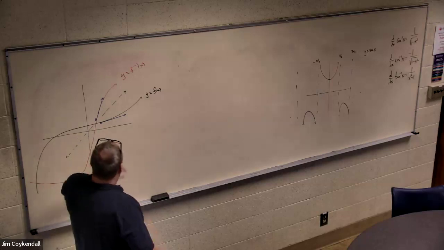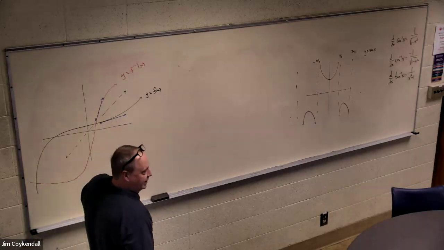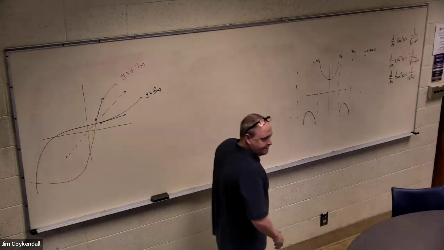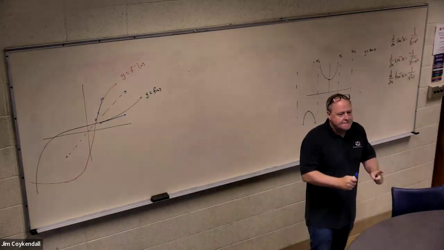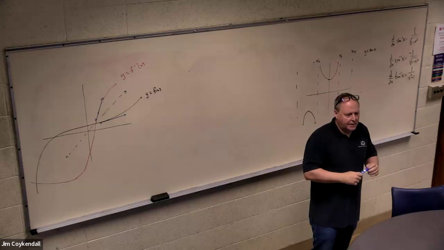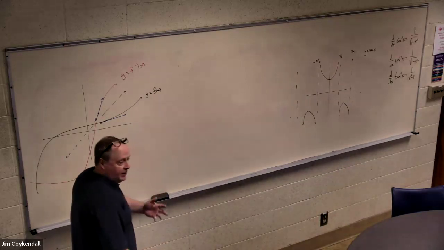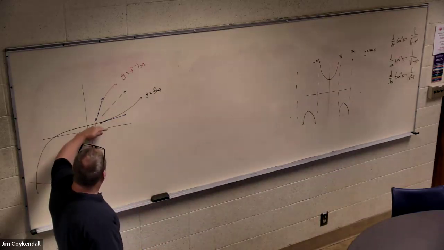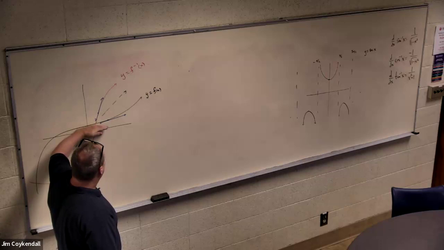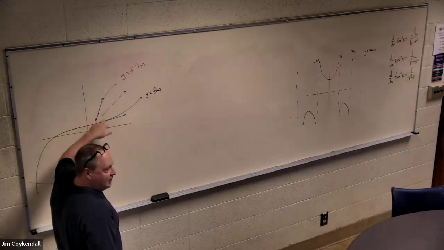Anybody want to guess what the relationship is between this slope and this slope? Can you be more specific? What do you mean by opposite? There you go. It should be the reciprocal. If this were absolutely horizontal, the flipped point should be absolutely vertical, so I'm thinking these two should be reciprocals.